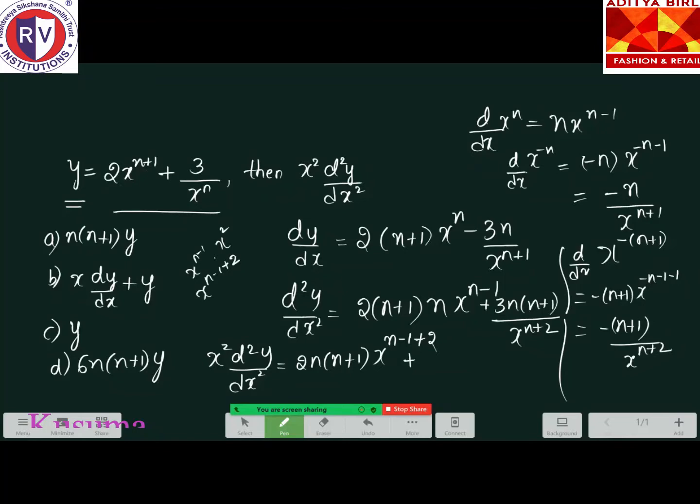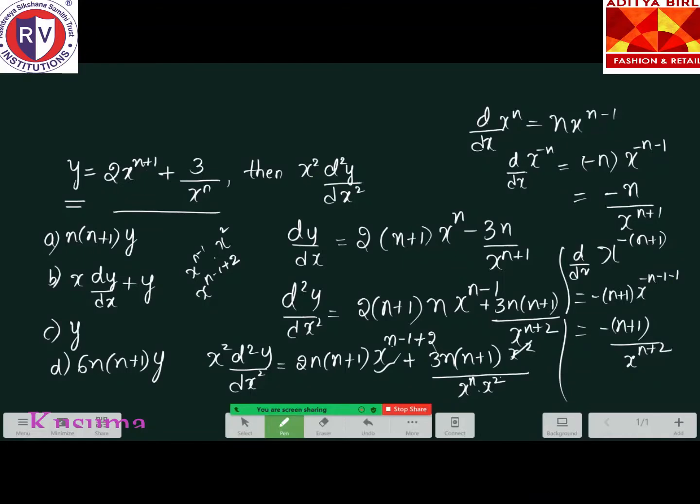Plus 3n into n plus 1 into x square divided by, I will write it as, x to the power of n into x square. So what happens to the power here? This will be n minus 1 plus 2, which is nothing but n plus 1. So this term will be x to the power of n plus 1.